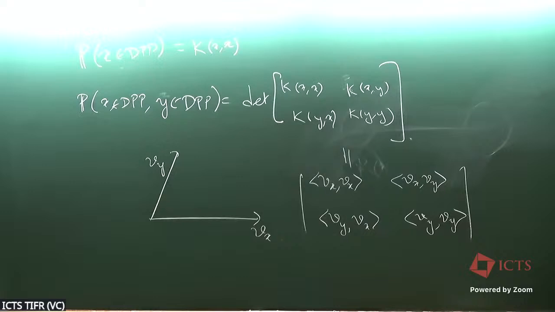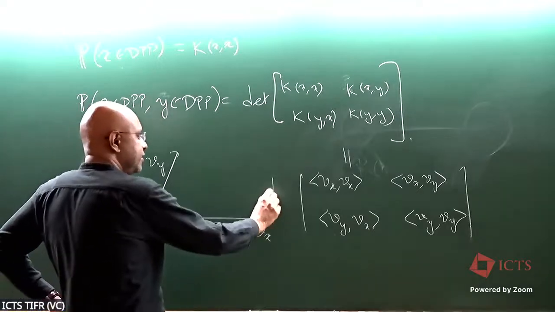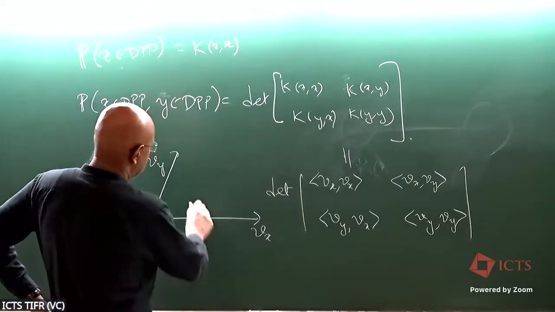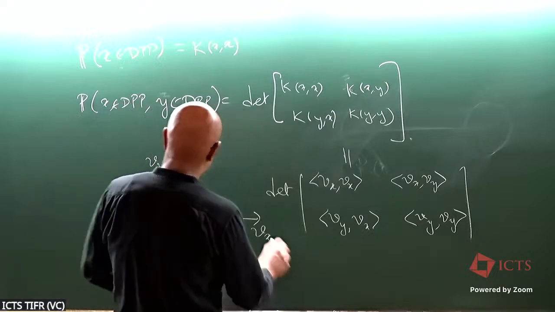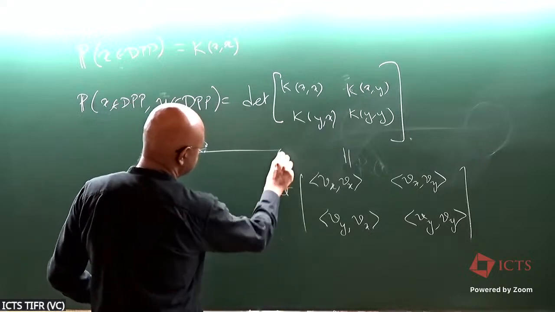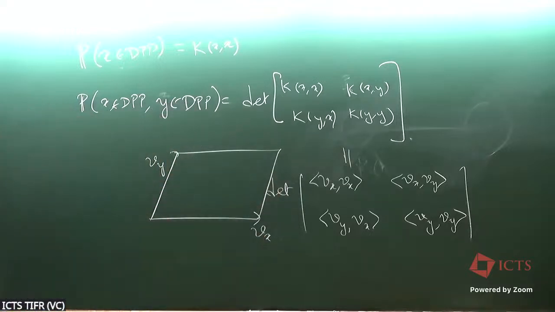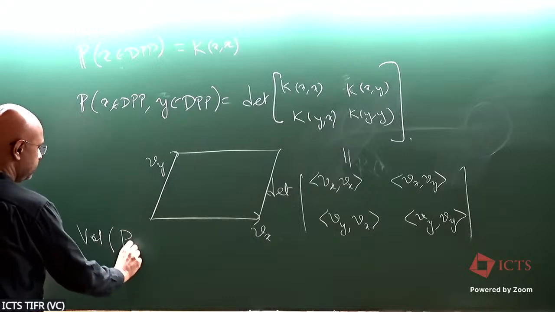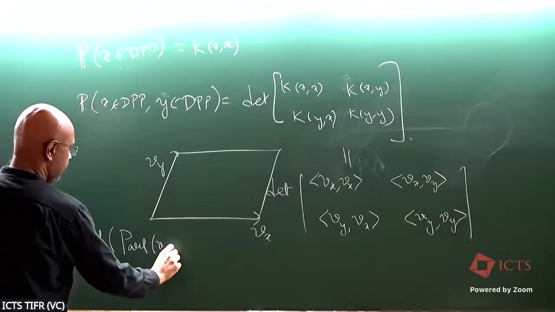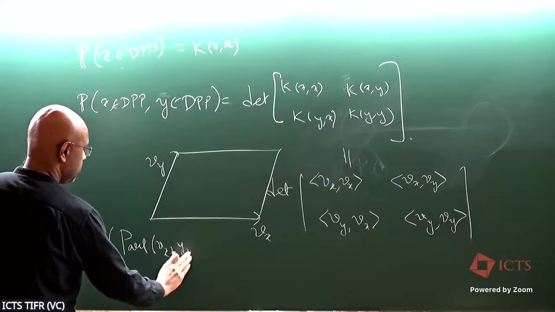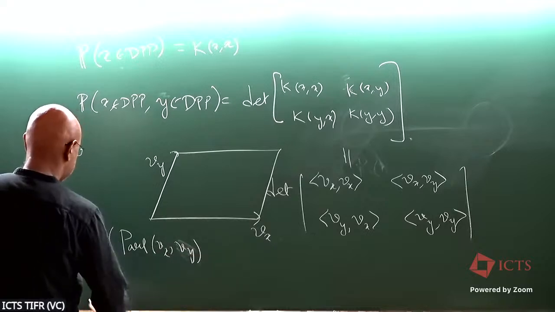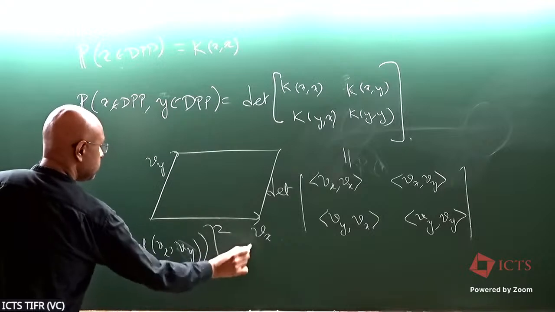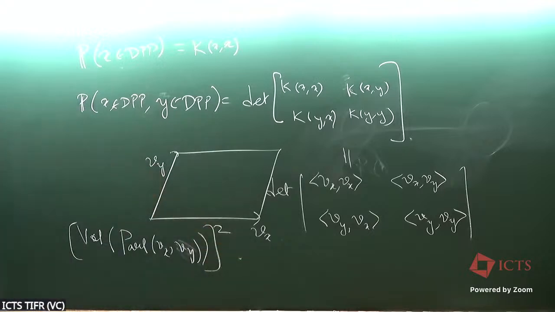And then, what is the determinant of the Gram matrix? That has a very clear interpretation. You complete this parallelogram, take its volume, and square the volume. So this is this determinant.